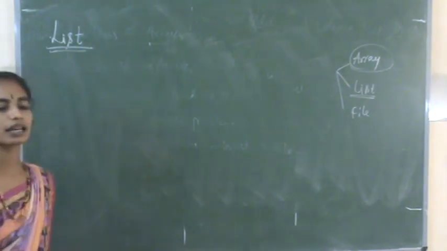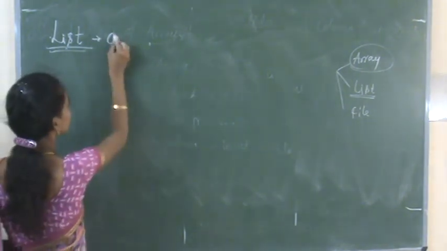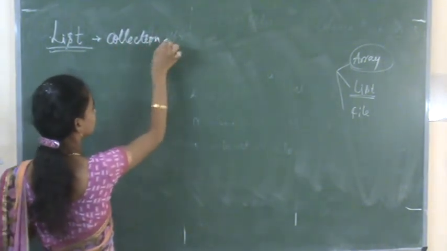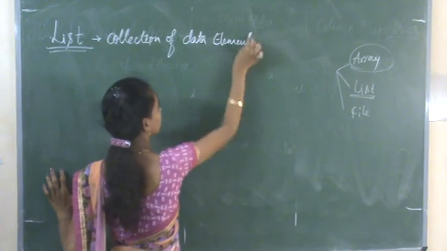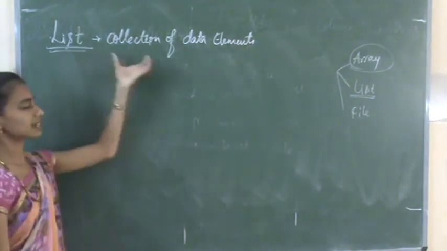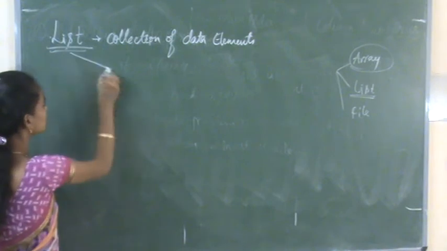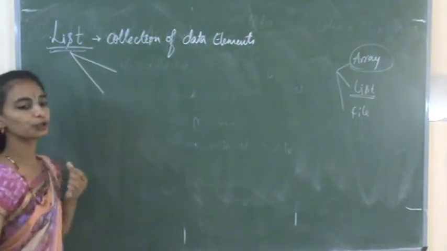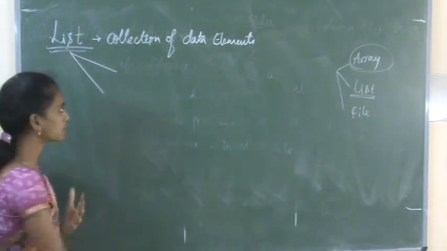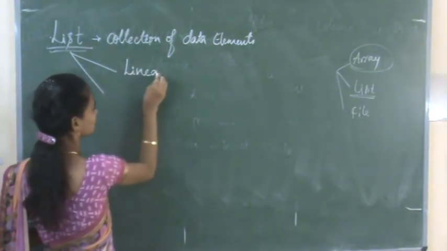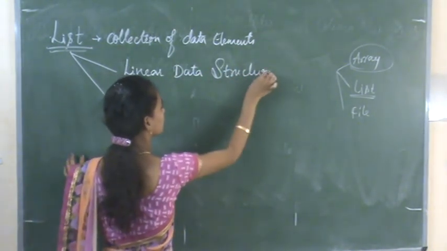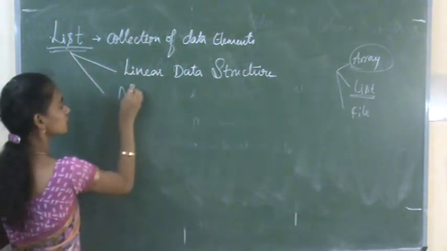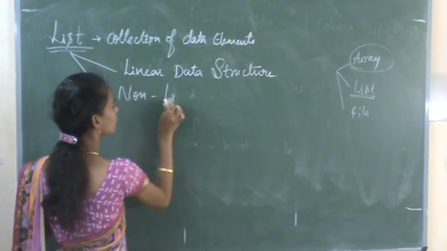Okay, so list means it is a collection of data elements.